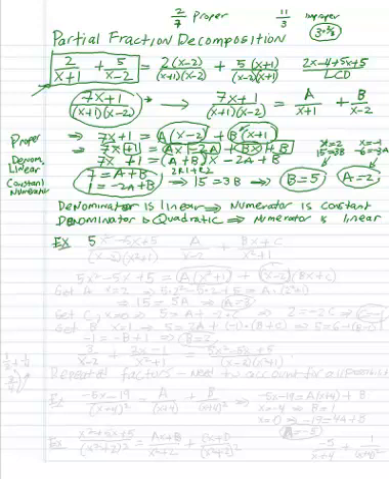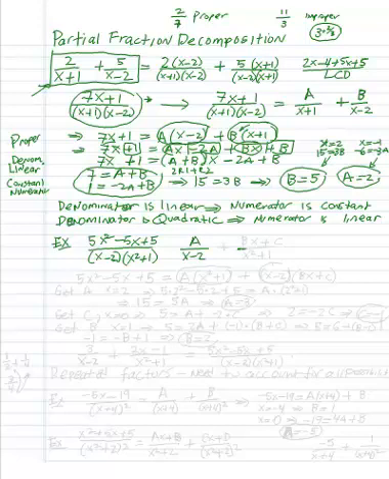If we have 5x squared minus 5x plus 5, divided by, and let's say our denominator factors as x minus 2, a linear factor, and then x squared plus 1, a quadratic factor. So for my linear factor, x minus 2, my numerator would have to be a constant, just a.